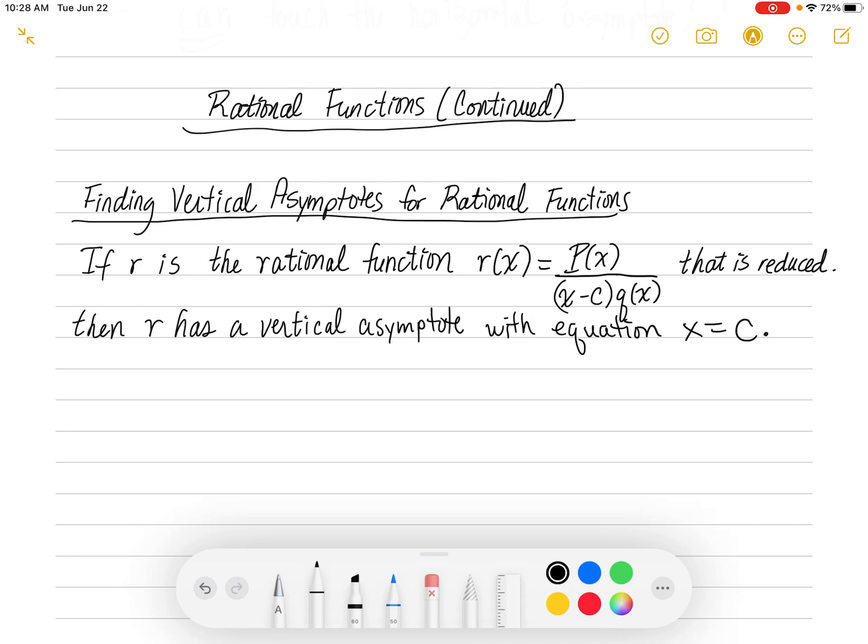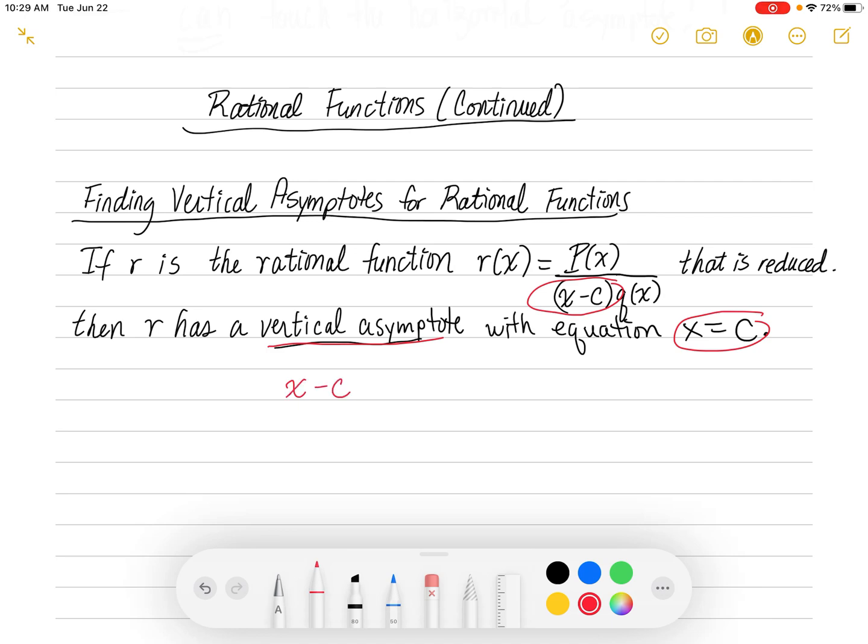And on bottom, you have a factor of x minus c, so x minus c is a factor times q of x, where q of x is another polynomial, some other combination of factors. That means that the rational function r has a vertical asymptote at x equals c.